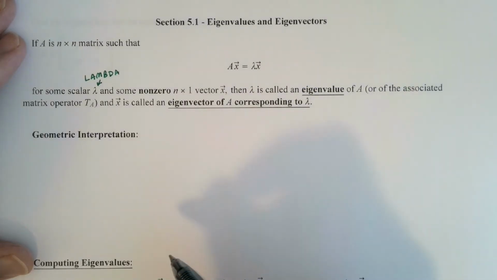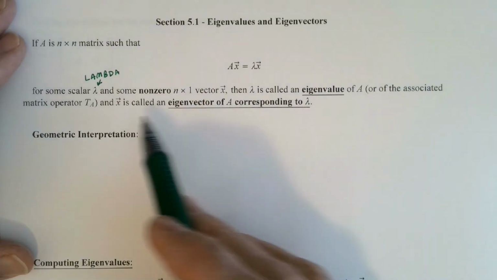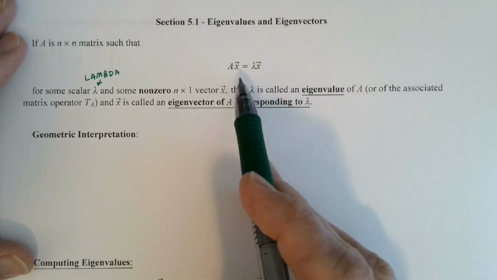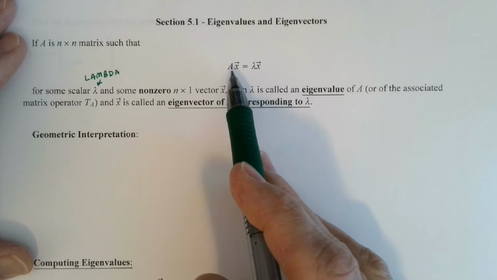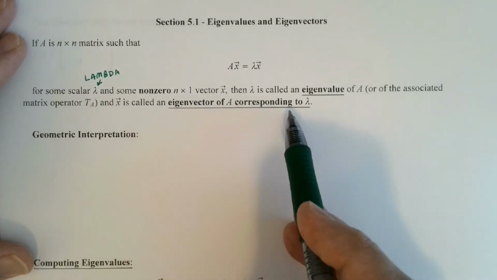Basically it means unique or characteristic value, and that's what we're looking for: this unique value that satisfies this equation. What scalar will work for a given n by n matrix A? The vector x that's non-zero, remember, is called the eigenvector of A corresponding to lambda.